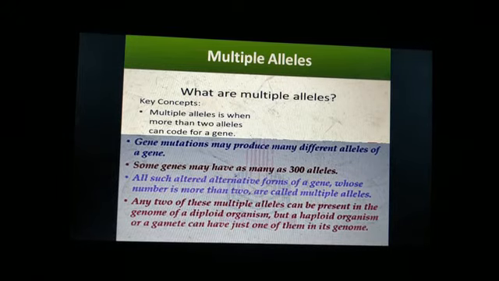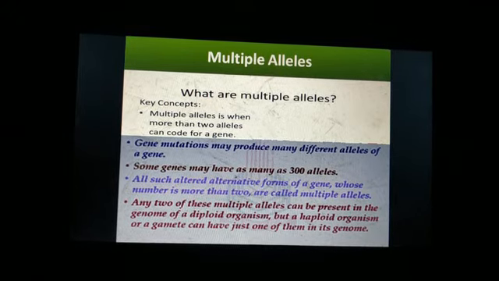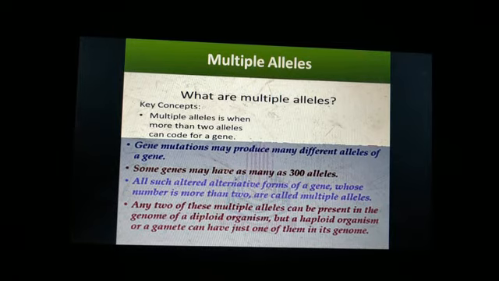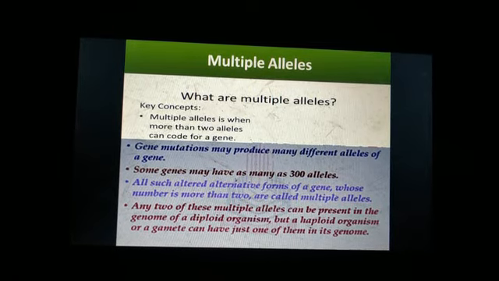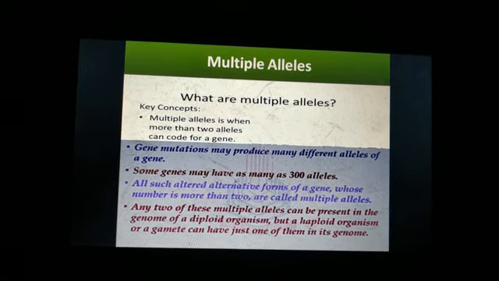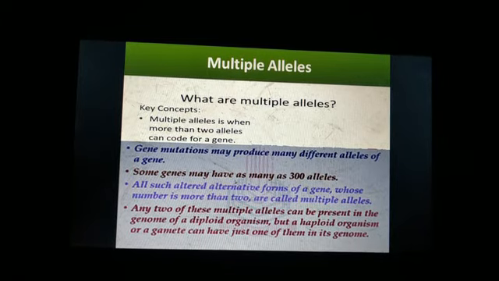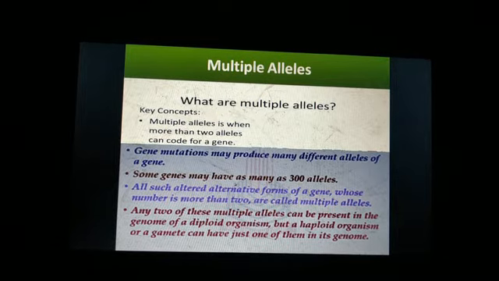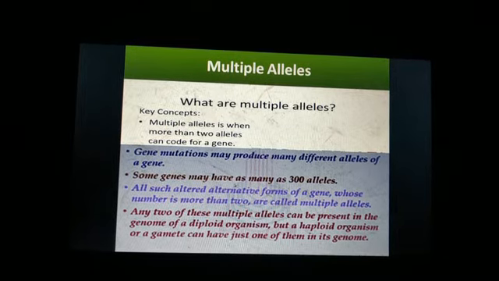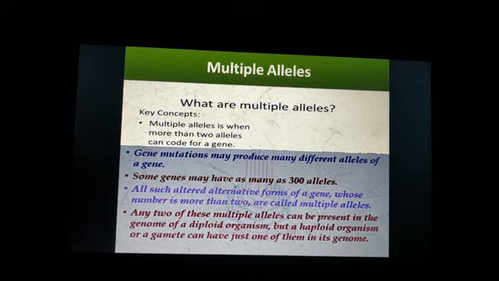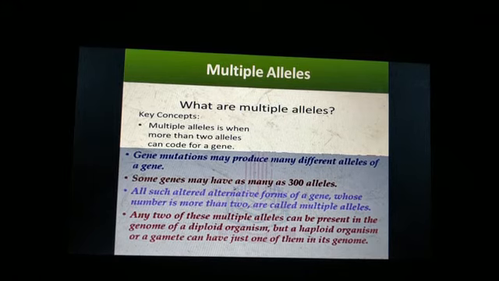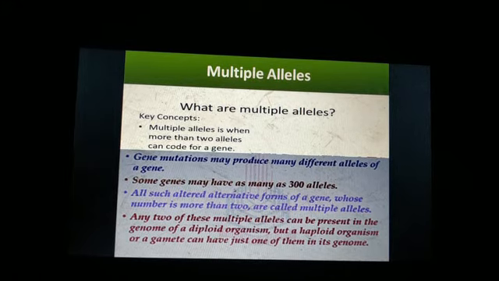See, we have more than 2 or 3 alleles for a particular gene, but in a diploid organism, out of all these, 2 will be present. But a haploid organism or a gamete can have just one of them, so in haploid it will have only one out of those alleles in its gene.